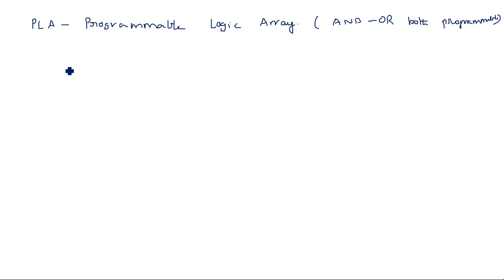Now we have to know a few points regarding the PLA table. So the PLA table consists of product terms, inputs, outputs as three columns.